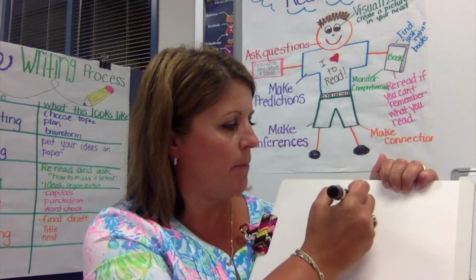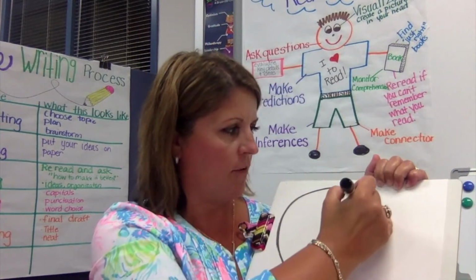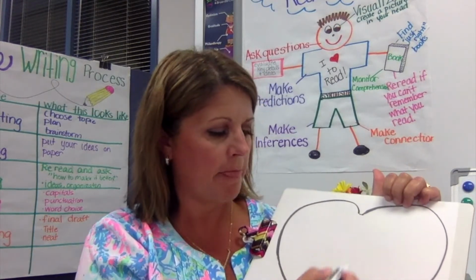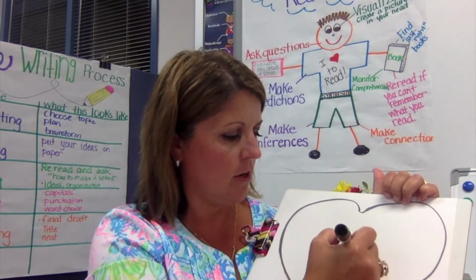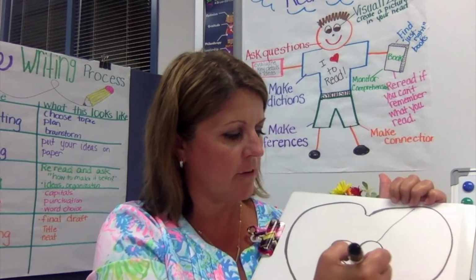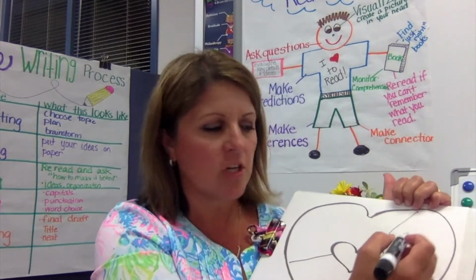Get out a piece of paper. And I want you to watch how I draw my heart. Okay? Then I'm going to draw a little heart in the middle. So I think then I'm just going to make different sections right here. And I'm going to jot down a few things.